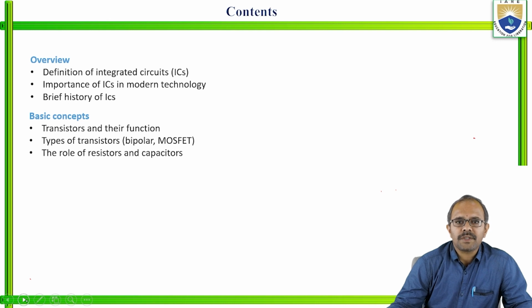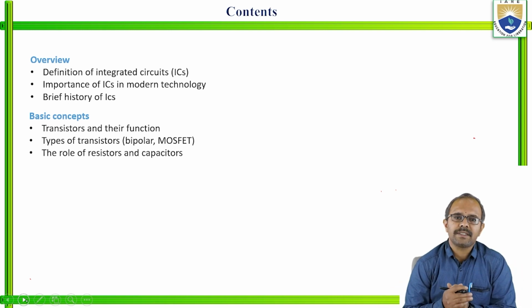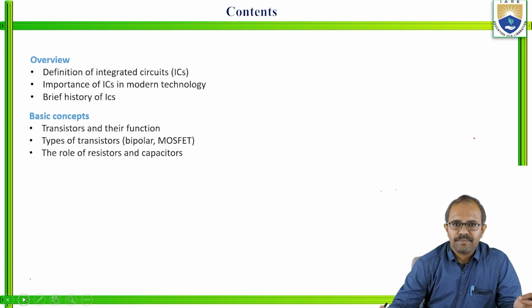And then we are going to start discussing the components. What are the basic components present in this integrated circuit? If you observe the term integrated, what is meant by integrated actually? It is a circuit. We can broadly divide this single term into two terms, integrated and the circuit.